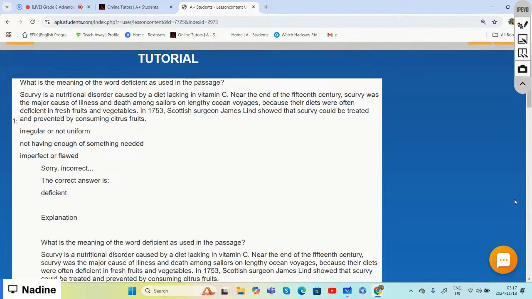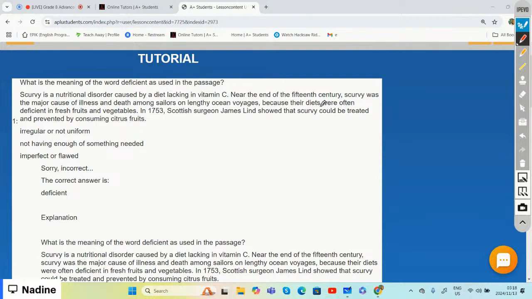And if we were to determine what the word deficient means, especially based on the text, and especially if they are saying over here that because their diets were often deficient in fresh fruits and vegetables, then it means that deficient means that they were not having enough of something needed, meaning that they needed more fruit and more vegetables.